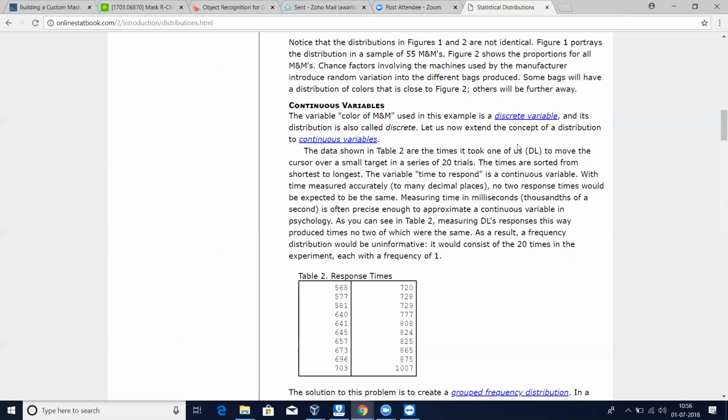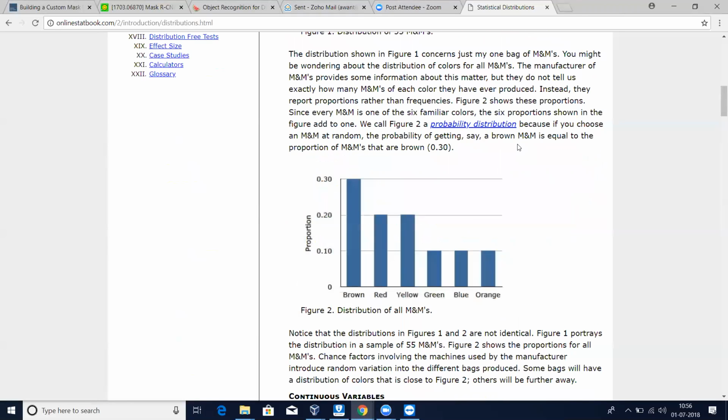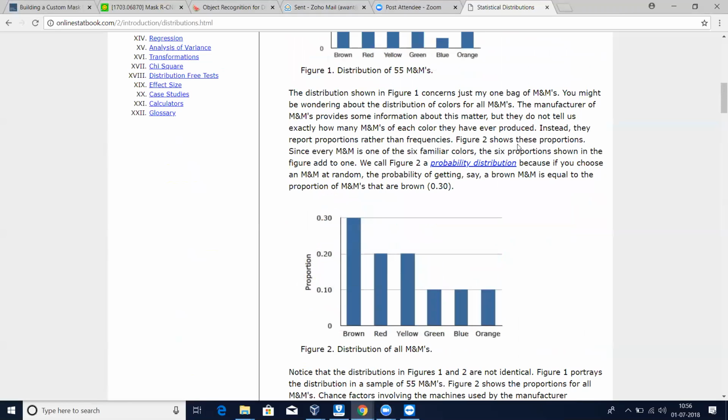So this is the categorical value and the frequency of their occurrence. This is known as the probability distribution function.